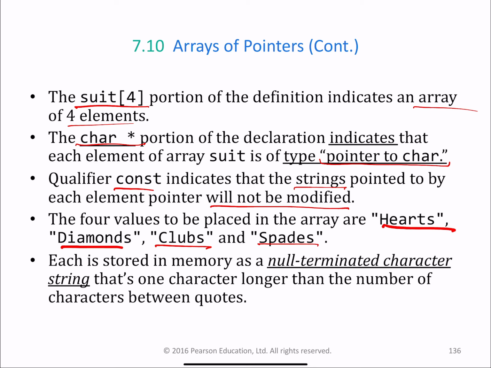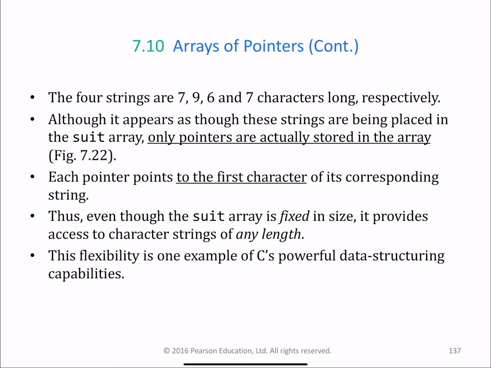Now each of these 4 strings is of course terminated by a null character, which means the first one looks to have 1, 2, 3, 4, 5, 6 characters, meaning it's actually 7 characters long because there's a hidden null character. The same idea applies to all of the others. So in this case, the length of each of these strings is 7, 9, 6, and 7 in this example.